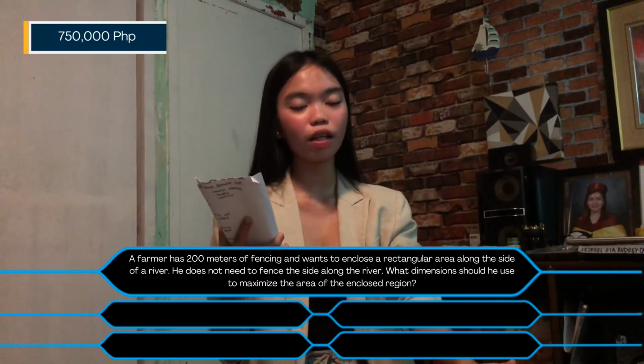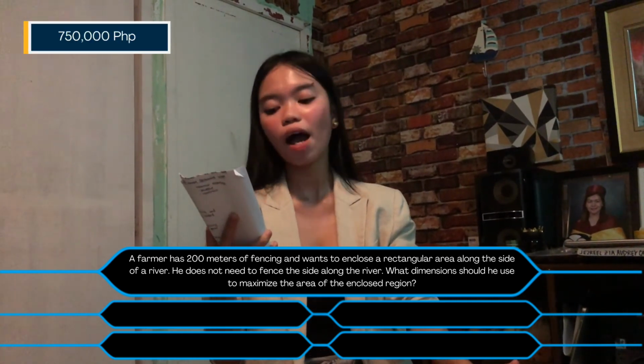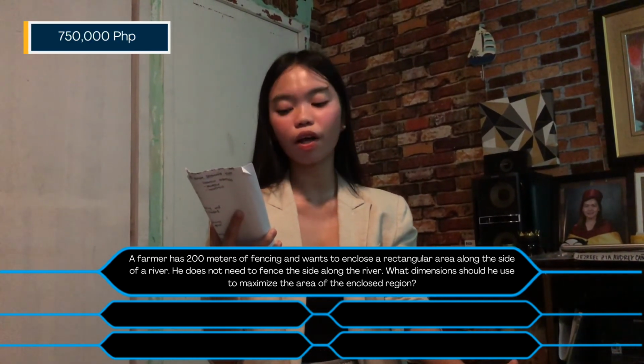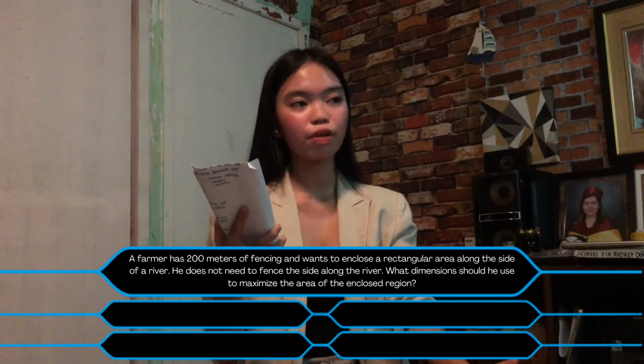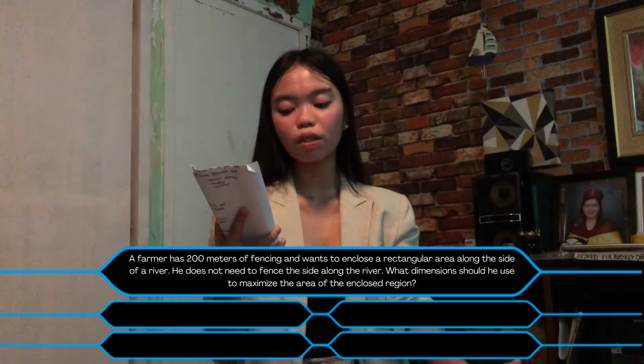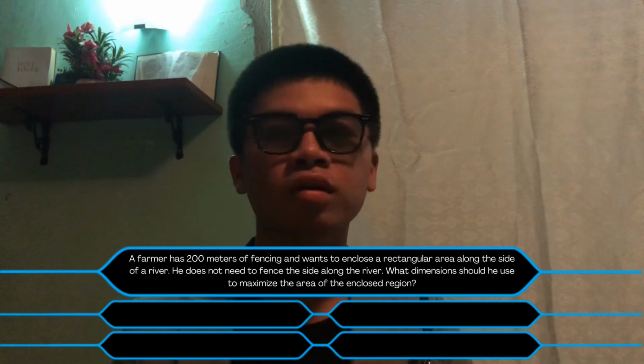You've made it to the final round with a chance to win 1 million pesos. Are you ready for the last two difficult questions? Let's do it. A farmer has 200 meters of fencing and wants to enclose a rectangular area along the side of a river. He does not need to fence the side along the river.